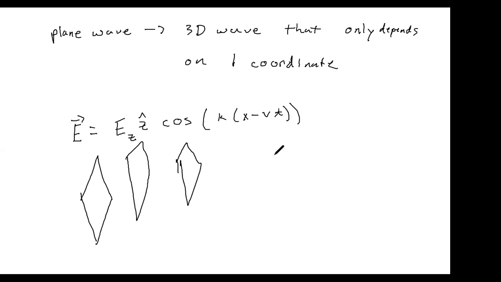Raise your hand if that makes sense. Okay, good. In the solution that I worked out, the electric and magnetic fields point in the z and y directions, and the wave travels in the x direction.